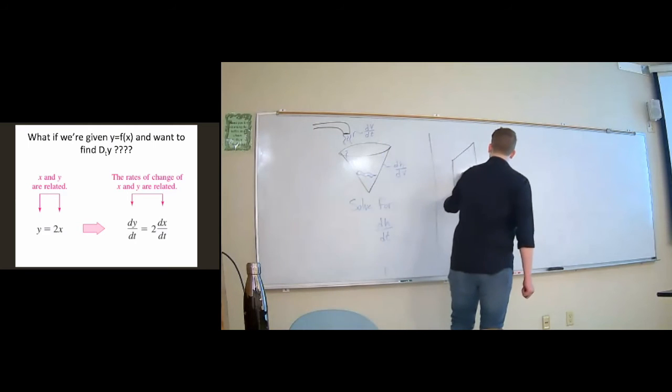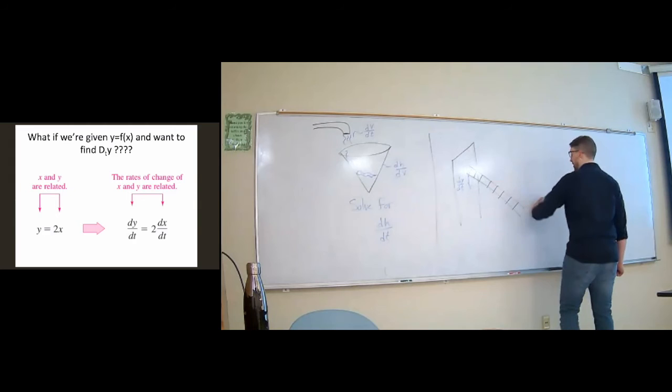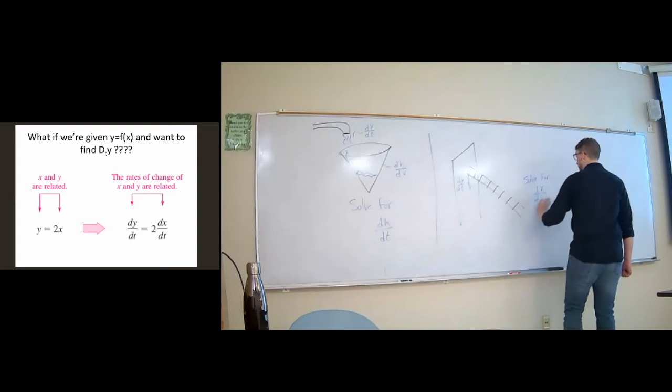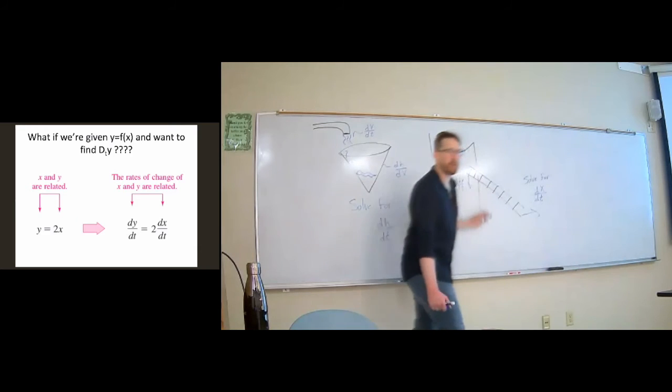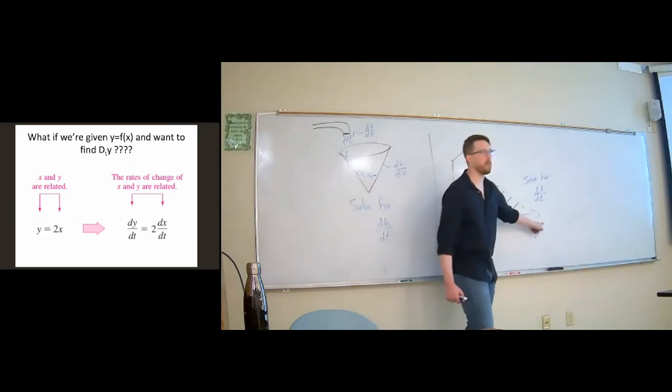You know how fast down it's moving. You want to solve how fast out it's moving. So let's say this ladder is sliding down the side of the wall. You want to know how fast it's being kicked out.